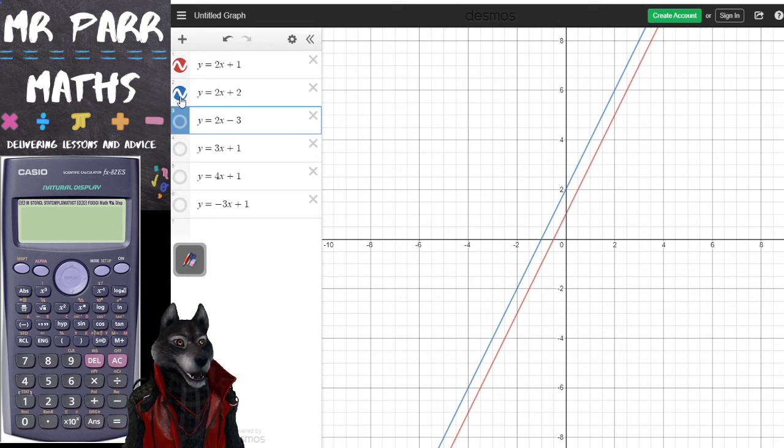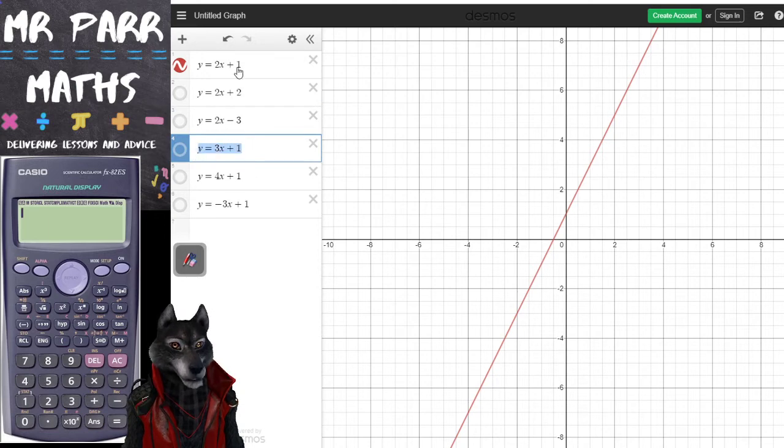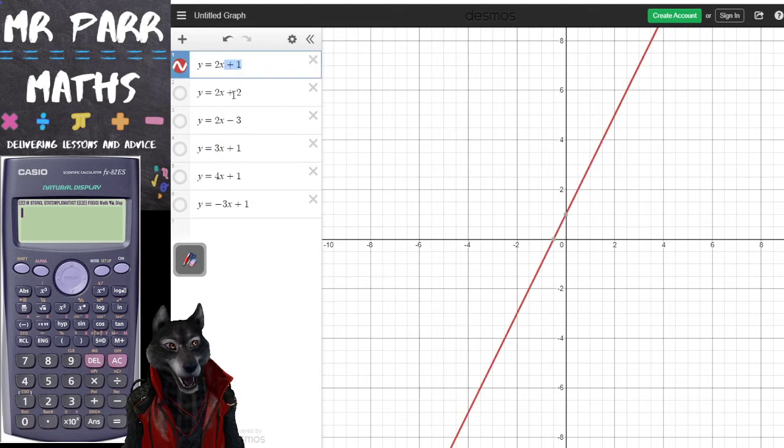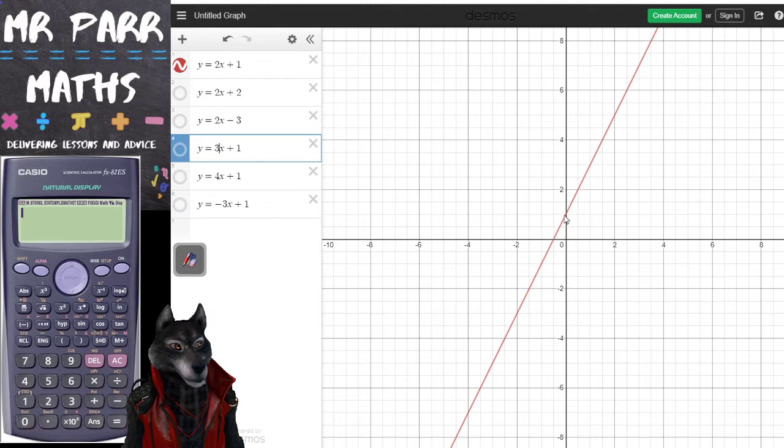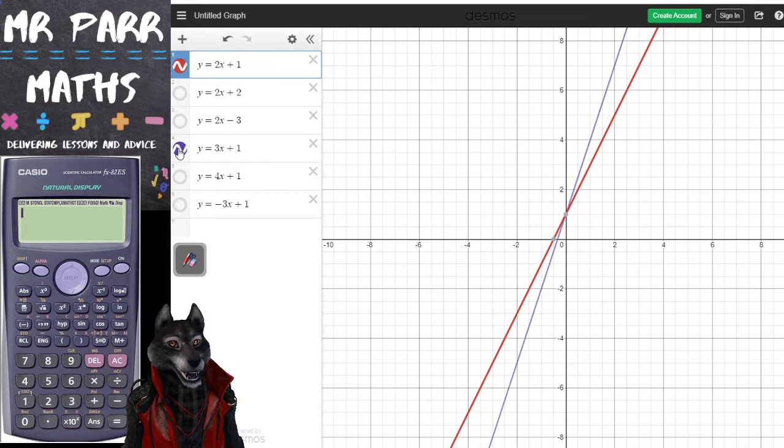Now, if I turn these off, and now I'm going to look at what happens if we mess with the gradient. So you can see this graph here, in combination with this graph here. Oh, this one. I've kept the y-intercept the same. And now I've messed with the gradient. So this will still cross at 1, but the gradient is going to change. Watch. It's steeper. This purple one is steeper.